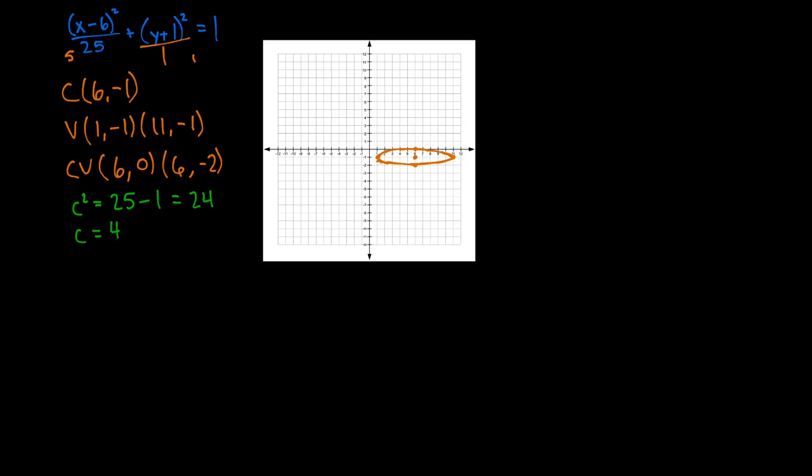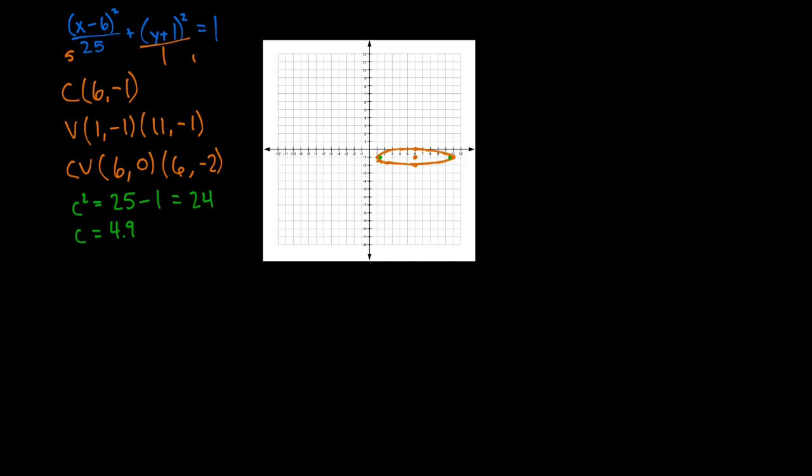I think that comes out to 4.9 something, and we'll leave it as a decimal because that's easy to count. So our foci are 4.9 away from the center. 1, 2, 3, 4.9. So just inside of our vertices are the foci.